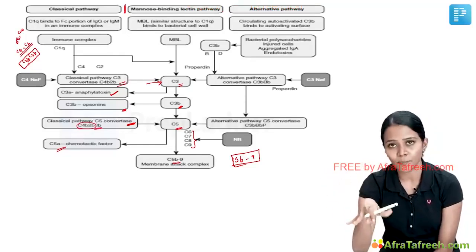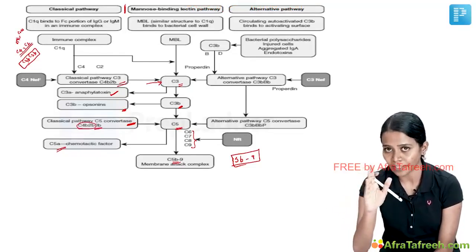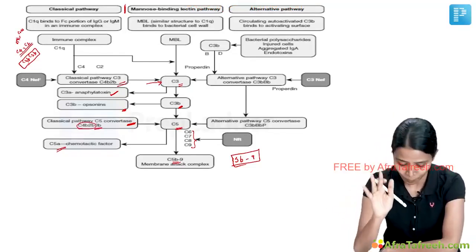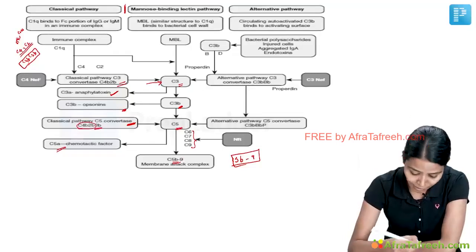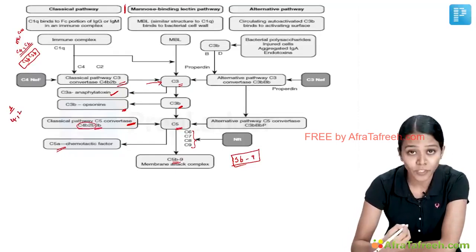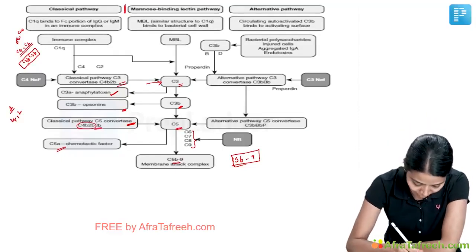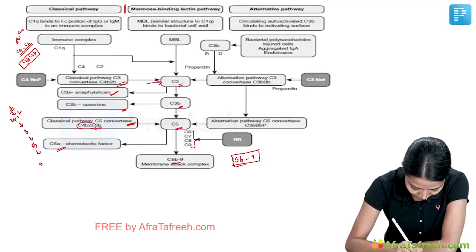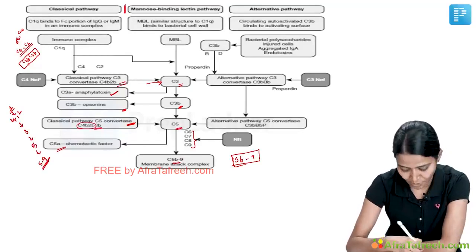So, this is the classical pathway. Classical pathway will get activated only in the presence of immune complex, and the complements involved are C1, then C4 and C2, which form the C3 convertase, then C3, then C5, then C6 to C9.